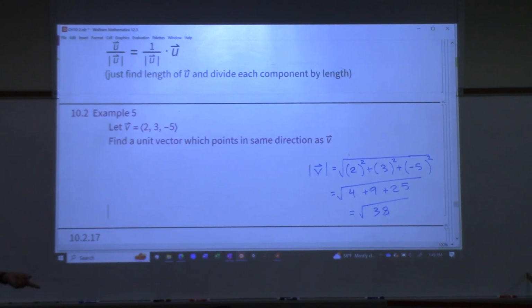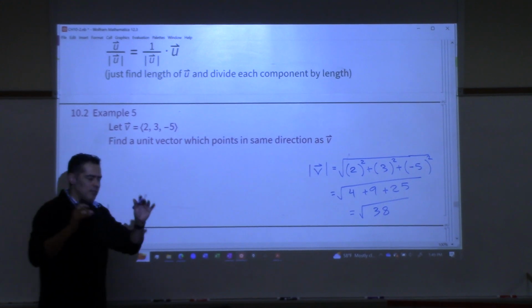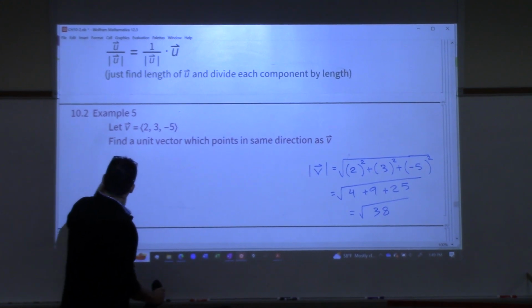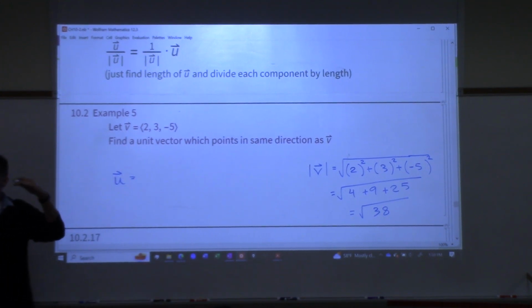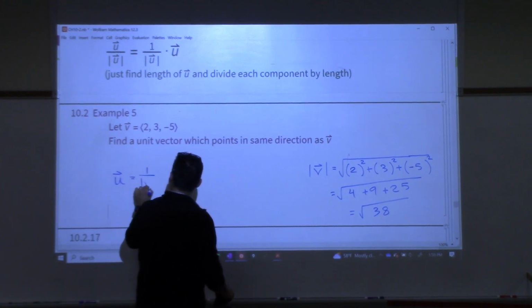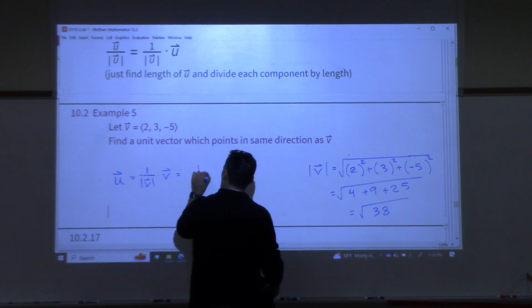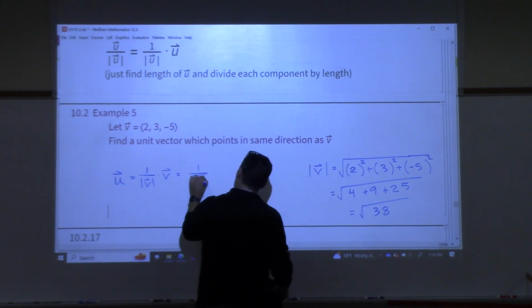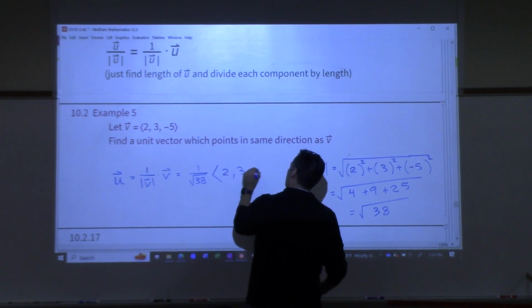So to find the unit vector, which I'll call u, even though there's not a specific notation for it, the vector u is going to be that vector v scaled by 1 over its own length. So I'm going to do 1 over the magnitude of v times the vector v, which is 1 over the square root of 38 times the vector 2, 3, negative 5.